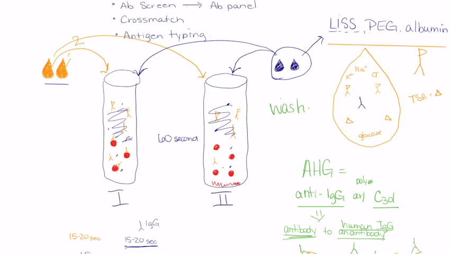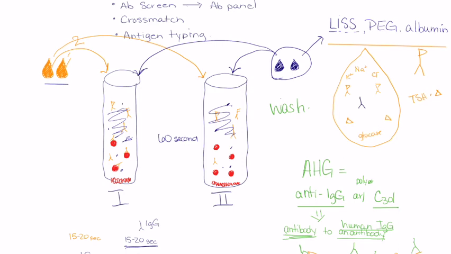We are smushing them on there so that they stay. Because once we fill it with saline and centrifuge it for 60 seconds, we're going to dump that saline out. And those red cells are going to stay on the bottom of this tube.